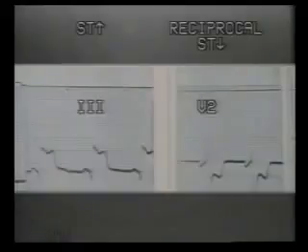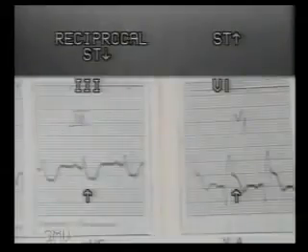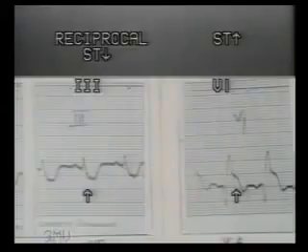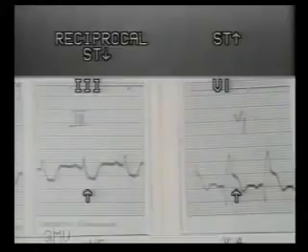Note the ST elevation in lead 3, which is an inferior wall lead, and reciprocal ST depression in the chest lead, which is an anterior lead. While in this ECG, there is ST elevation in the chest lead and reciprocal ST depression in the inferior wall lead.